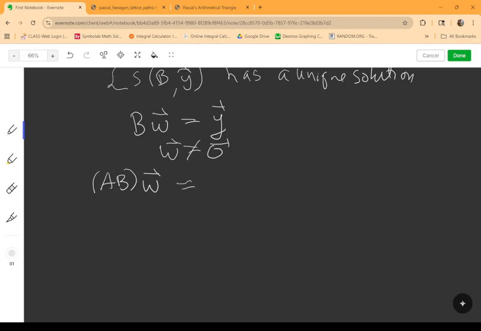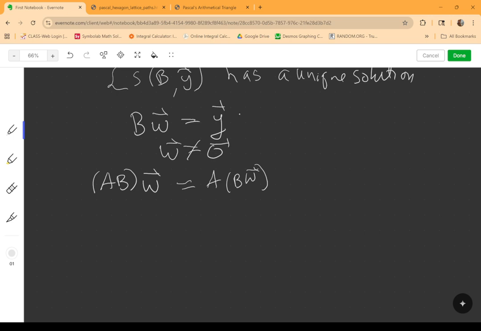All right, so I know that matrix multiplication is not commutative, but is associative, so we can write it like this.